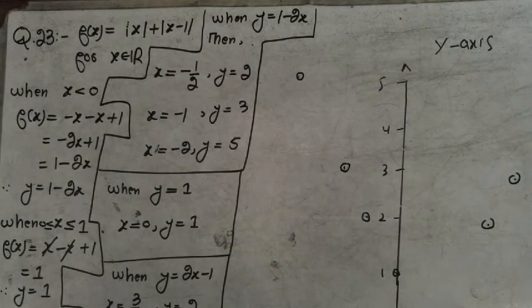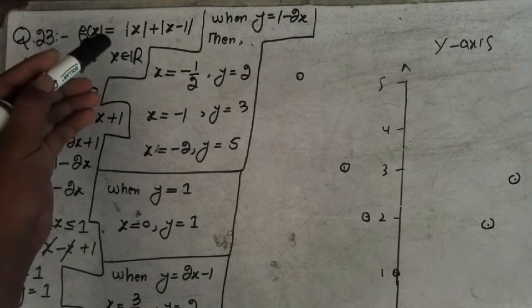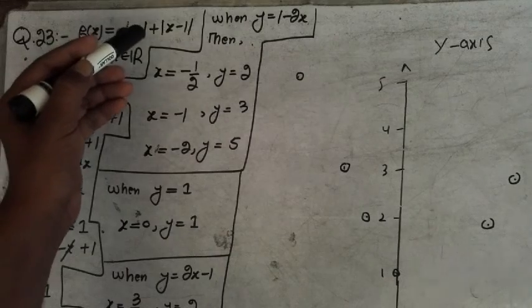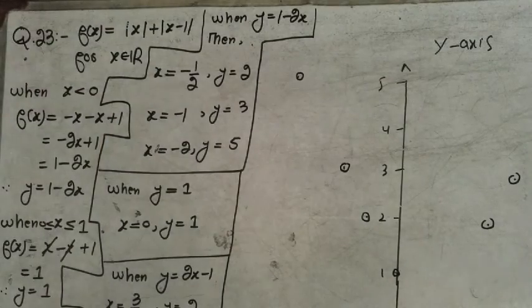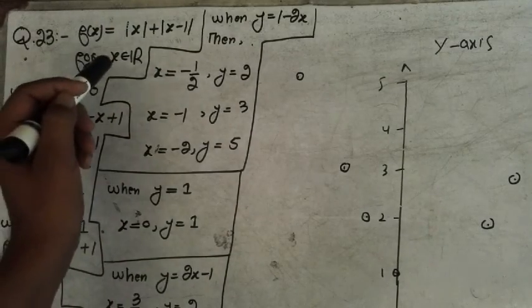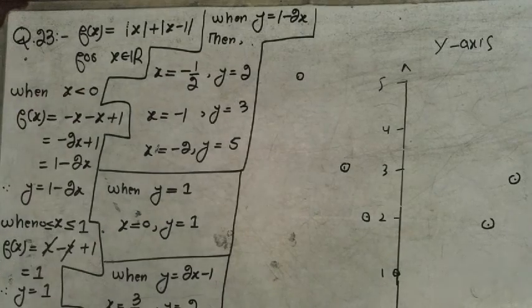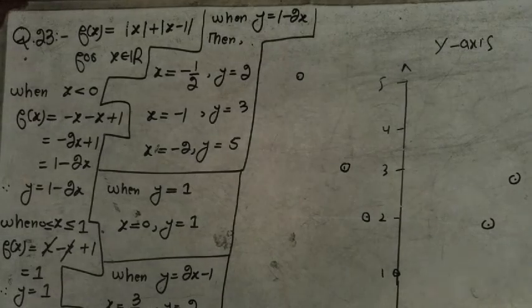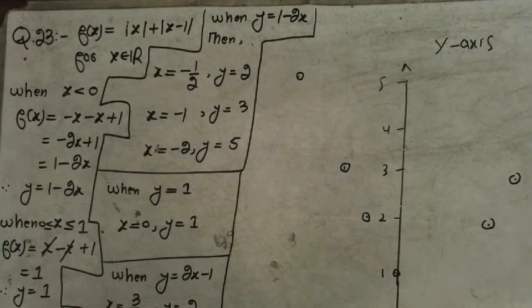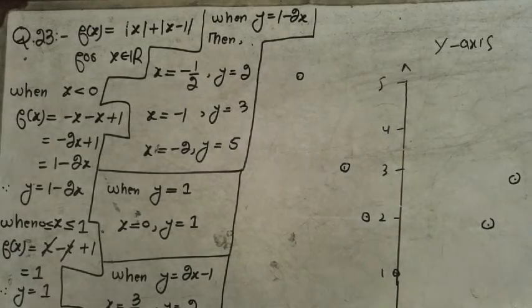First of all, the given function is f of x equal to absolute value of x plus absolute value of x minus 1 for x belonging to the set of real numbers. We know that the given function contains absolute values. When the function contains absolute values, there are three conditions.